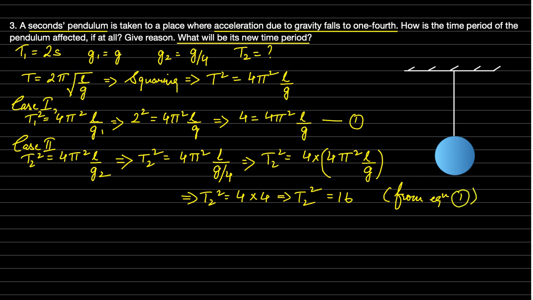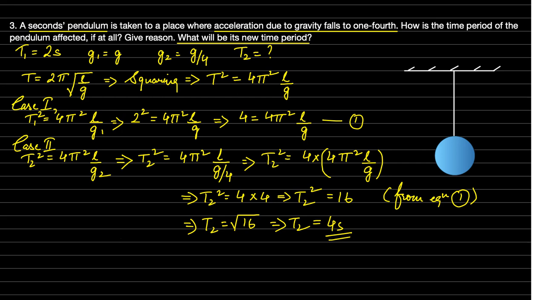Now if T2 square is equal to 16, what will T2 be equal to? T2 will be equal to root of 16. So T2 will be equal to 4 seconds. So the new time period, we have got it as 4 seconds.